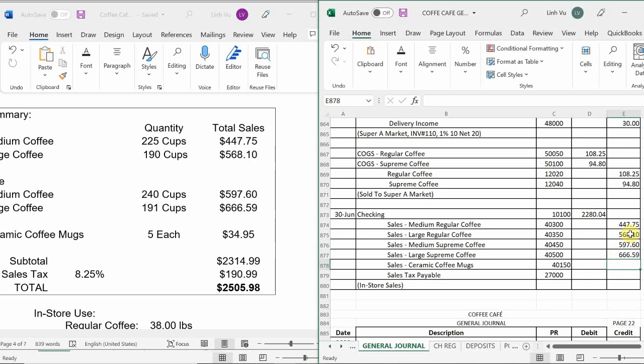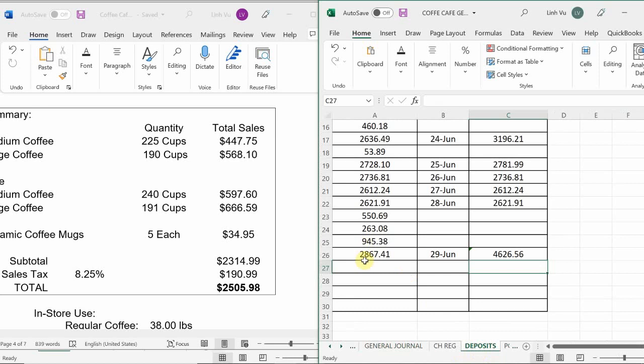And ceramic coffee mugs, 34.95. And last but not least, sales tax, 190.99. Okay, giving us our grand total to be 2505.98, which is correct.